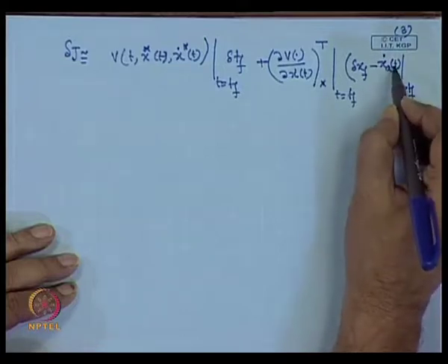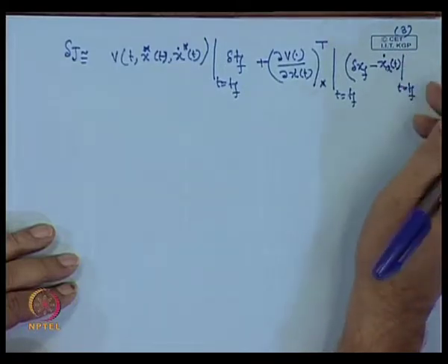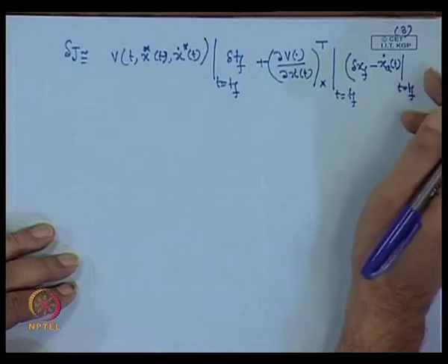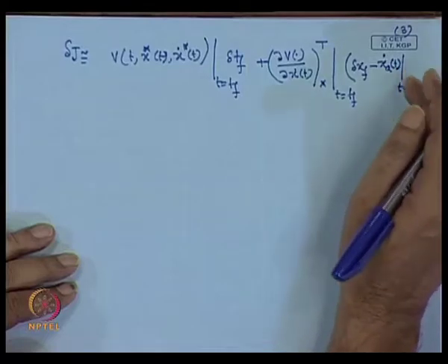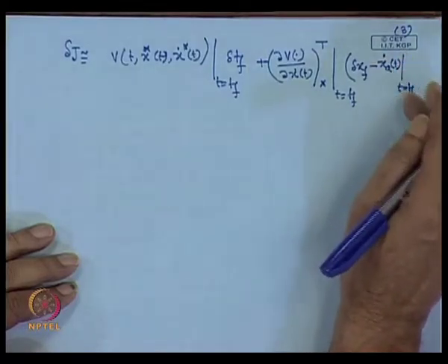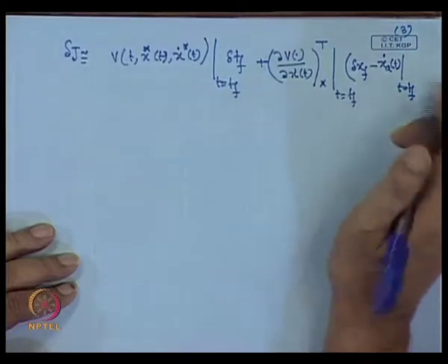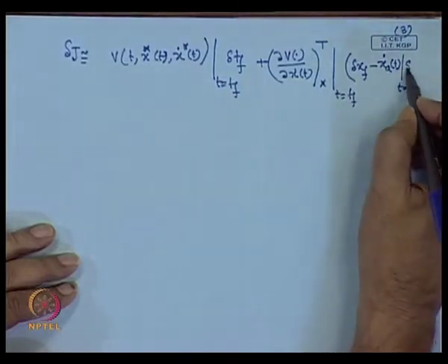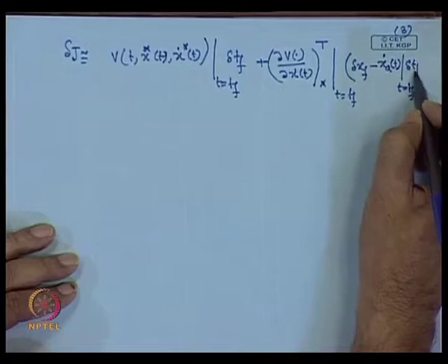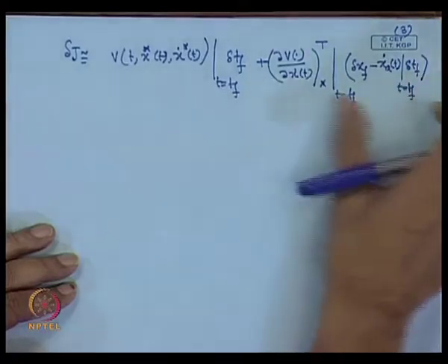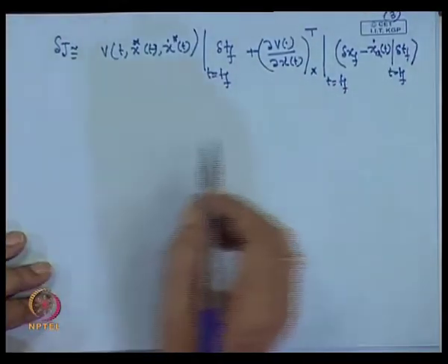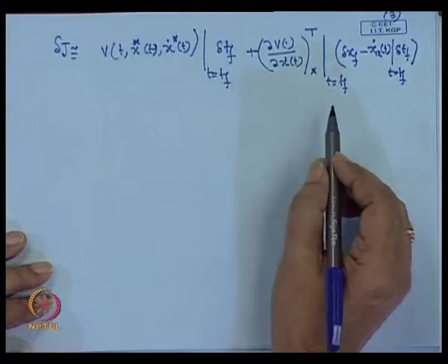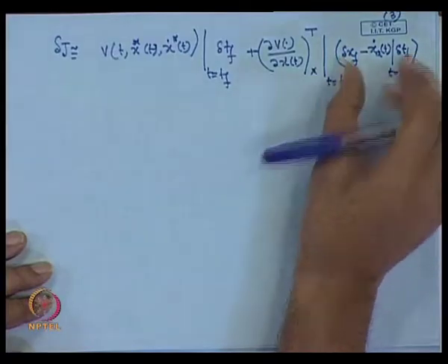That means find out the slope of the neighborhood trajectory of the optimal trajectory at t is equal to T_f, agree, then multiplied by delta T_f. So this is the second part, where I have replaced delta x(T_f) by that one.